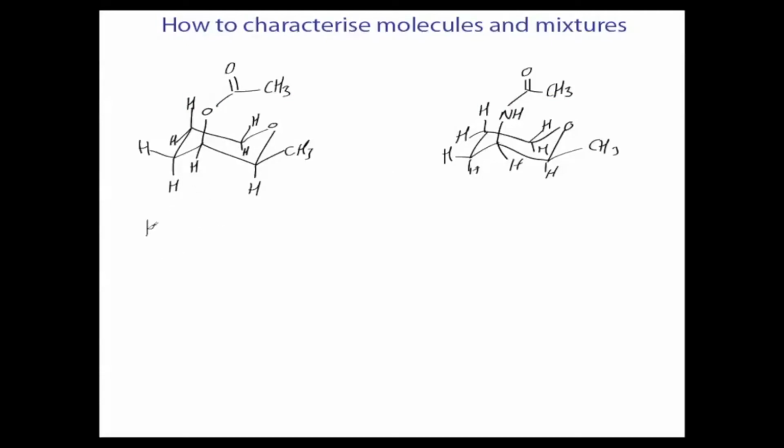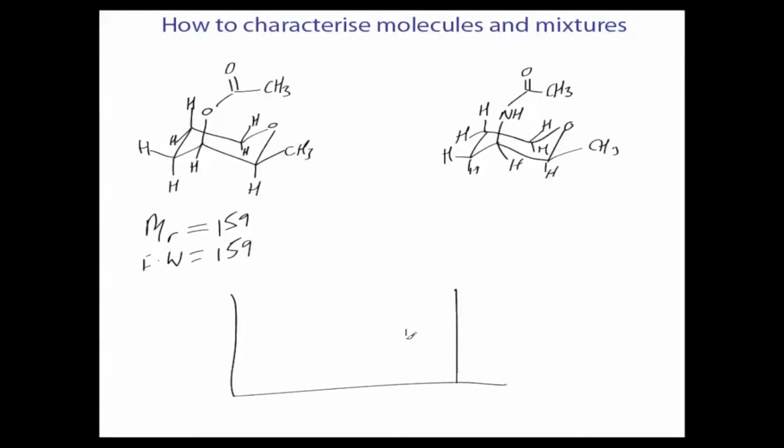So something like this has got a molecular weight. The molecular weight, I think it's probably written down as FW, and that's 159. So this is a molecular weight of 159, and we can determine that with the mass spectrum. We can take this sample, put it into the mass spectrometer, and out will pop, hopefully if we've done it right, a series of lines, and they'll get smaller and smaller.